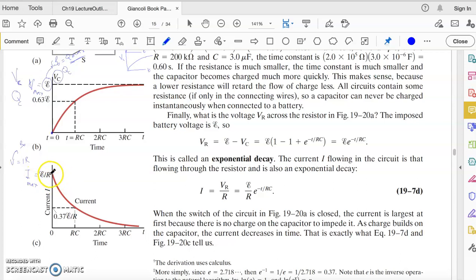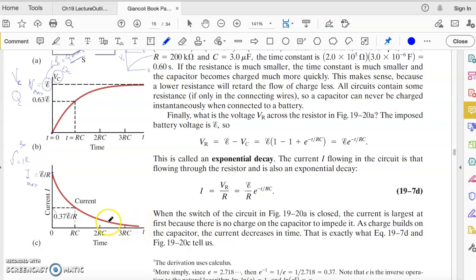So this is I maximum, which is epsilon over R. You see, the charge and the voltage start from zero and then increase, but the current starts from maximum and then decreases until it reaches almost zero. When we say almost, that is the asymptote. If you remember in math, they come very close to zero but don't literally become zero, but we can say that at the end there is approximately no current.